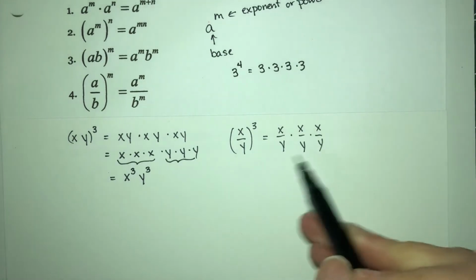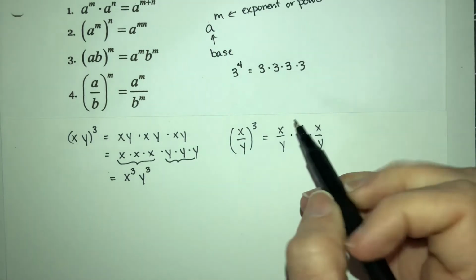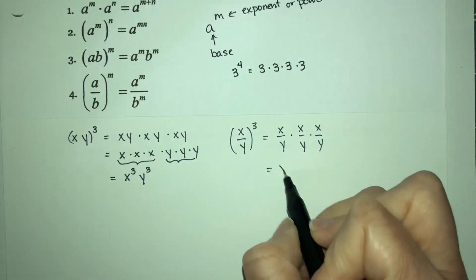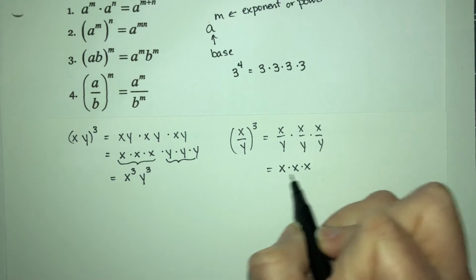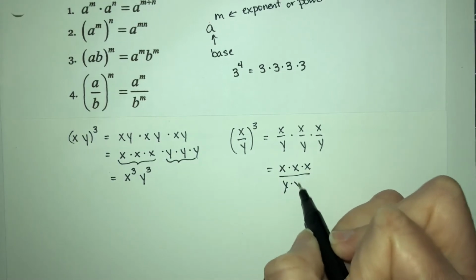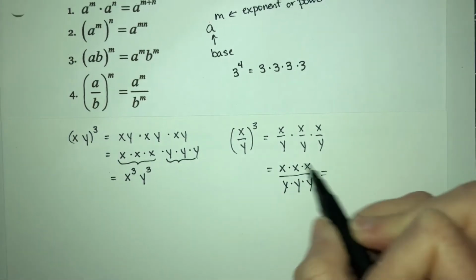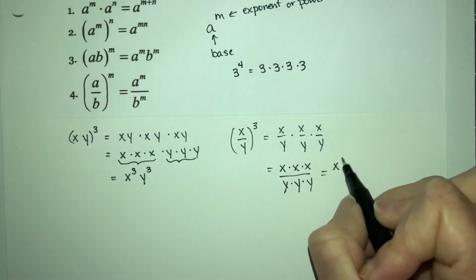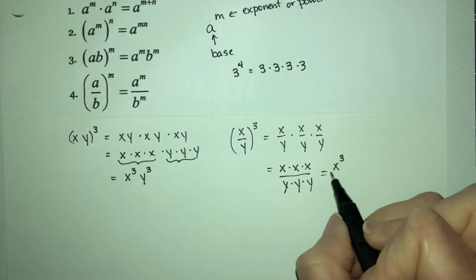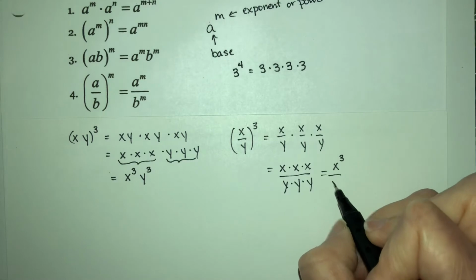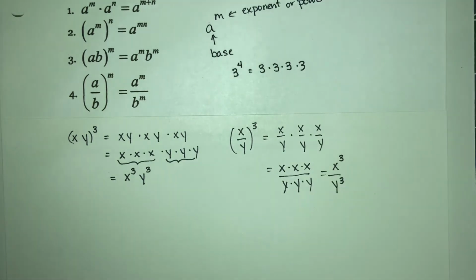And then by the definition of multiplication of fractions, you would multiply straight across. Here you have three x's multiplied together, so that's x cubed. And then you have three y's multiplied together, so that's y cubed. So I wanted to make sure you understood that these things come from somewhere.